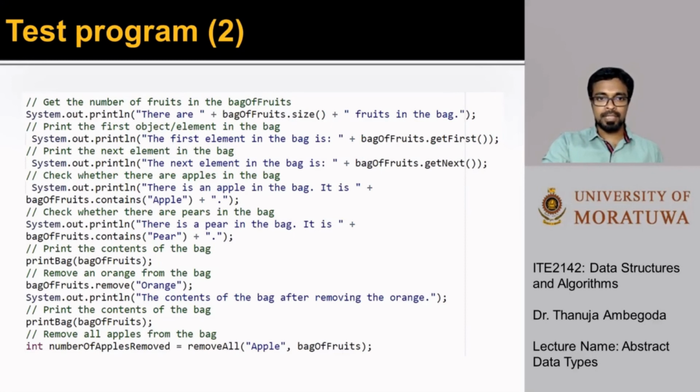You could print individual elements. Let's print the first element, System.out.println, the first element in the bag is, using the getFirst method to get the first element in the bag. If you want the next one after the first, which is the second one, the next element in the bag is, you call this method getNext.